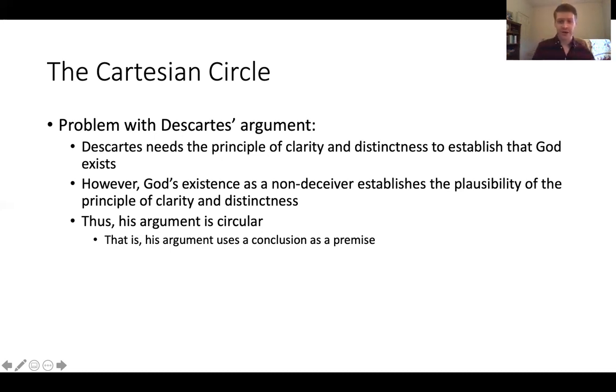In short, his argument uses a conclusion, namely that God exists and that the principle of clarity and distinctness is plausible, as a premise in his argument. So this is the Cartesian circle, just the bare bones of it.